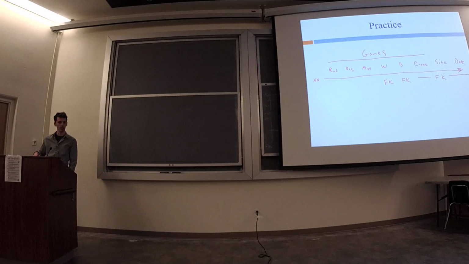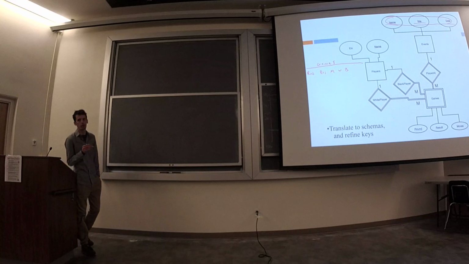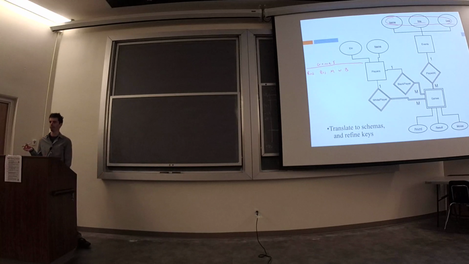Why is white by itself a foreign key? Because the key itself is a single column. Name, site, and date combined are a foreign key because all of them are the key. The foreign key has to refer to a key. So you can't have it refer to part of a key.